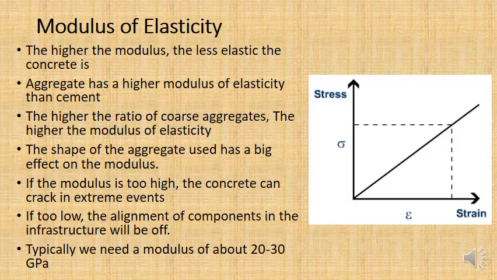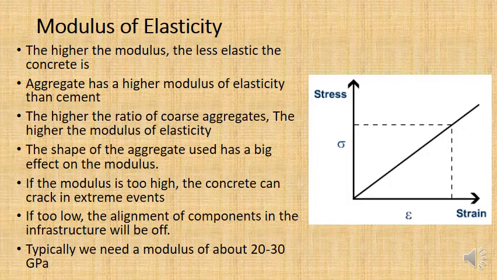Now, it's basically a measure of stress, which is measured in megapascals, over strain, which is just a ratio. It has no unit. Stress over strain gives you the modulus of elasticity. So the higher the modulus of elasticity, that means that line on the stress-strain curve will be steeper. It will have a steeper gradient.